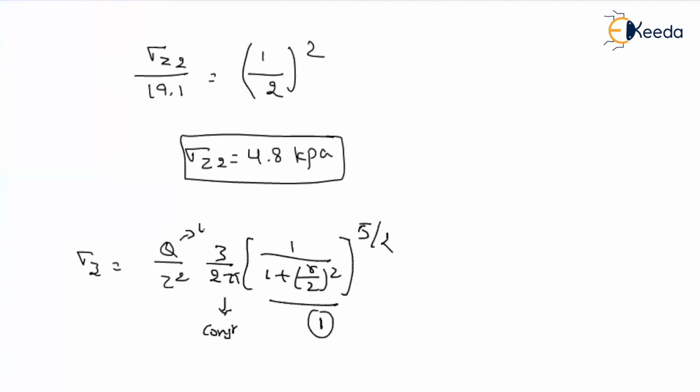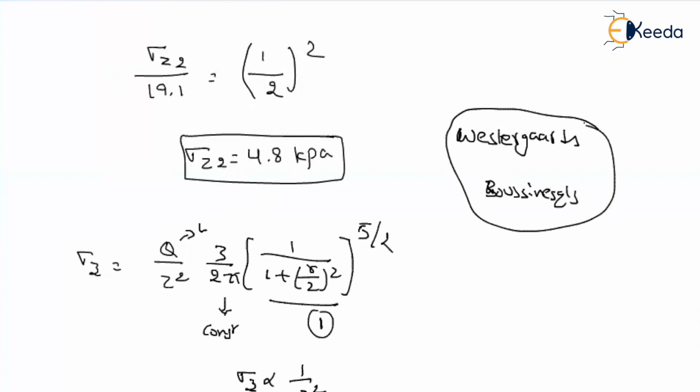And Q is also constant. So again your sigma z is inversely proportional to z square. In this problem, you may find it using Westergaard's or using Boussinesq theory. You will get the same results. Understand? Because in both cases, your sigma z is inversely proportional to z square. Okay. Thank you.